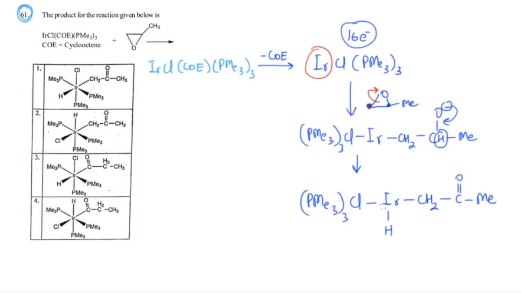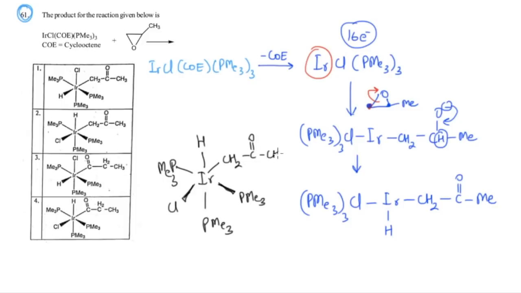So how will this look in the coordination sphere if I draw it? You will have iridium, and to that you will have PMe3, then one Cl, then PMe3, then one more PMe3 and one hydrogen directly attached to iridium, and to iridium you also have CH2, C double bond O, CH3.